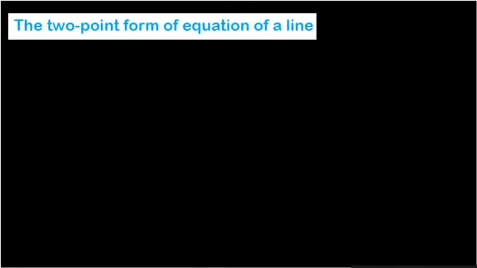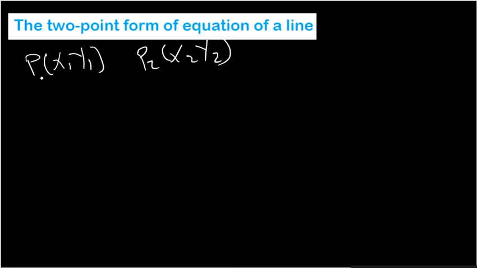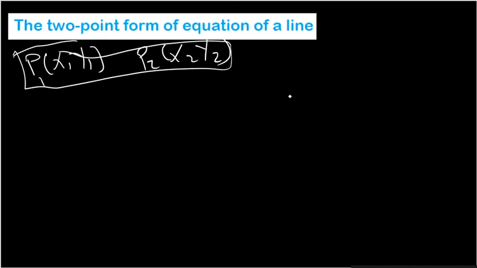The third case is the two-point form of equation of line. This time, we will be given only two points. No slope, no y-intercept. Just two points will be given. Let's take the first point, P1, it is (x1, y1), and the other point, P2, will be (x2, y2). Therefore, in this case, the first thing we have to do is calculate the slope.